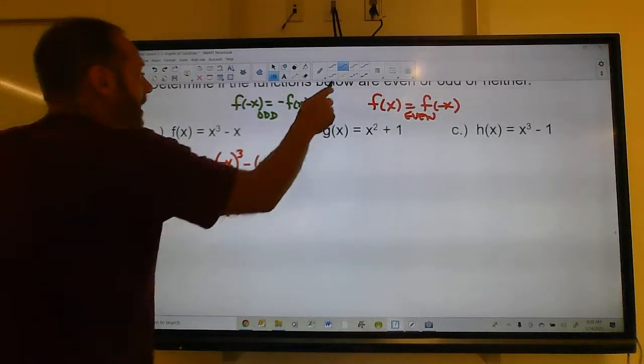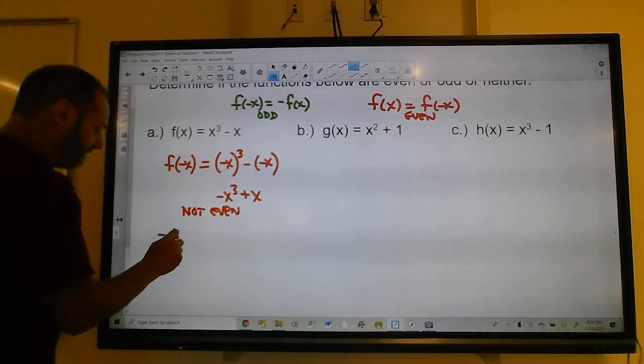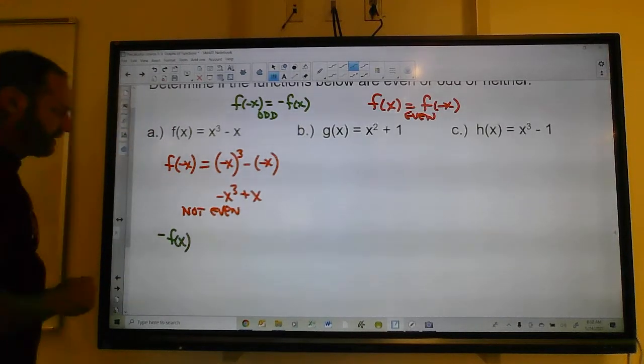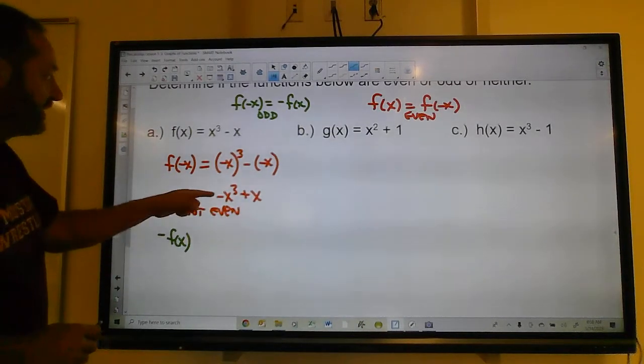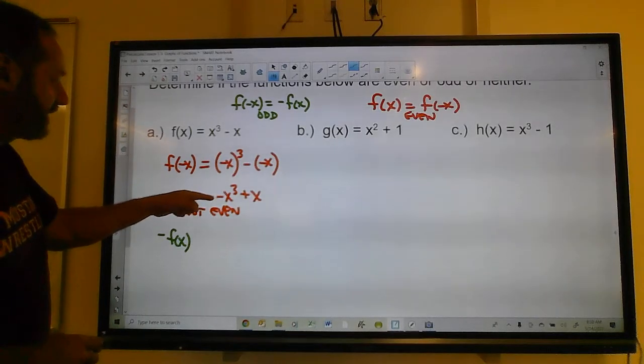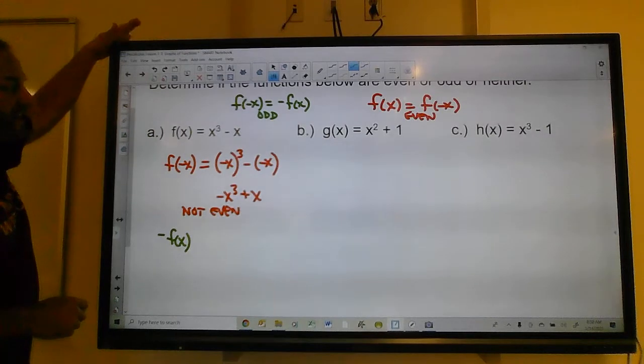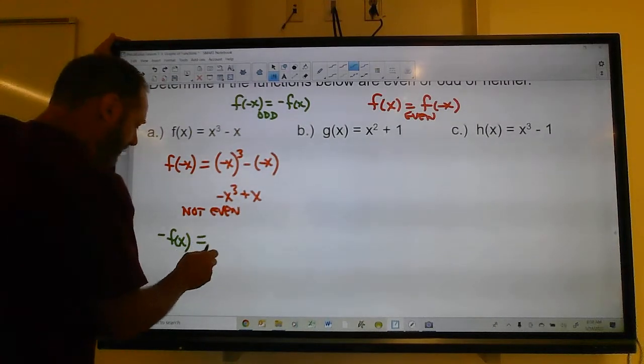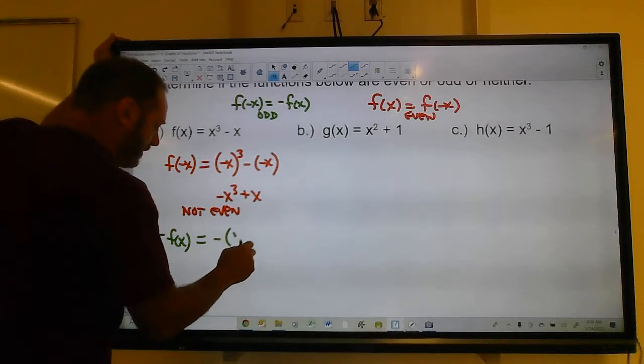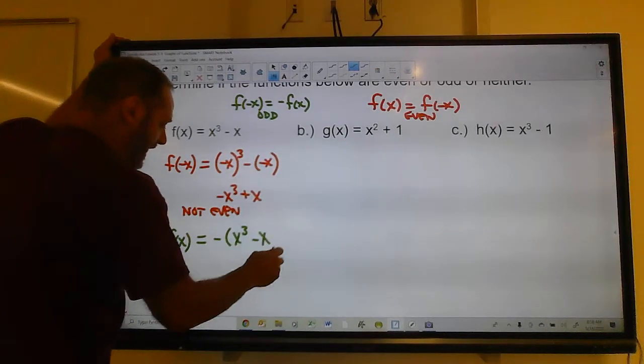Now I'm going to test to see if it's odd. So I'm going to find negative f of x. Now if negative f of x is equal to f of negative x right here, if these two things are equal, then it's going to be odd. If it's not, then it's neither. Okay, so this is going to be negative x cubed minus x, like that.